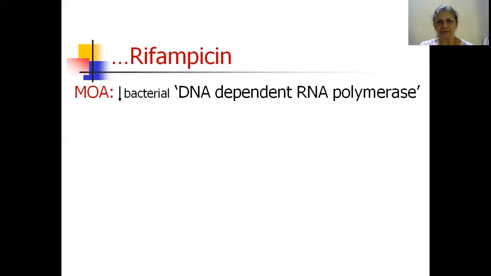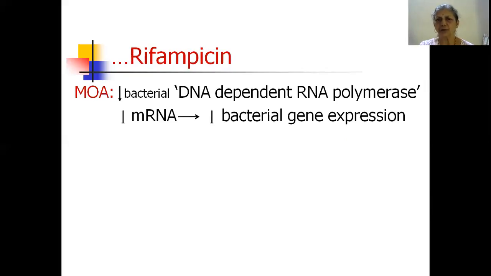Mechanism of action of rifampicin is that it inhibits the bacterial DNA-dependent RNA polymerase, the enzyme required for transcription, that is, production of messenger RNA from the DNA code. So it interferes with messenger RNA production, and messenger RNA is required for the gene expression, actual production of the protein.